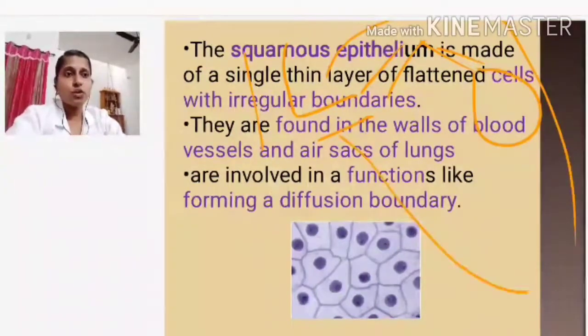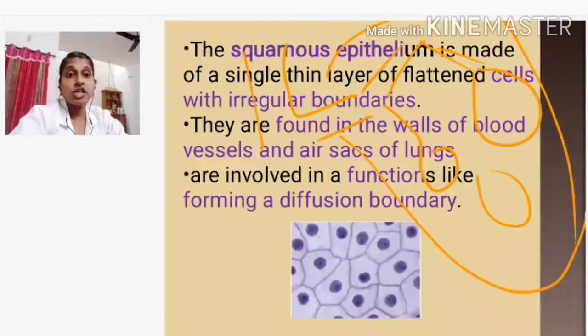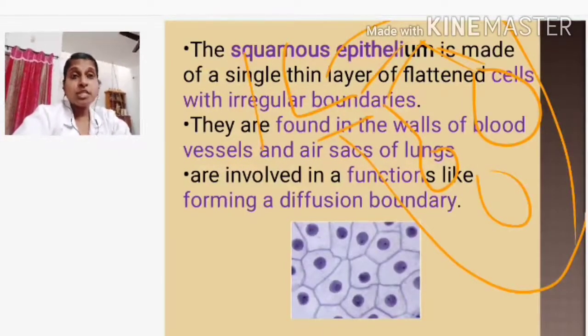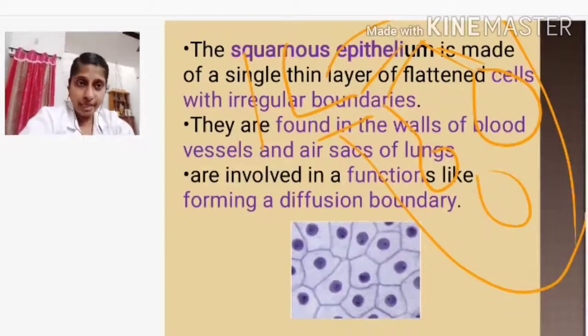In the lungs, many air sacs are present where exchange of gases like carbon dioxide and oxygen takes place. In these walls also you can find simple squamous epithelium.